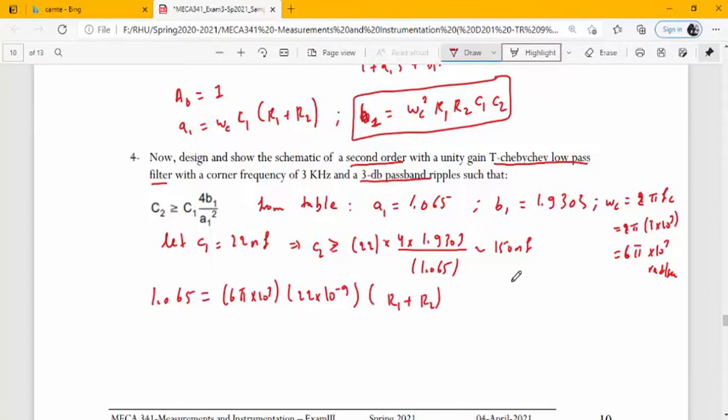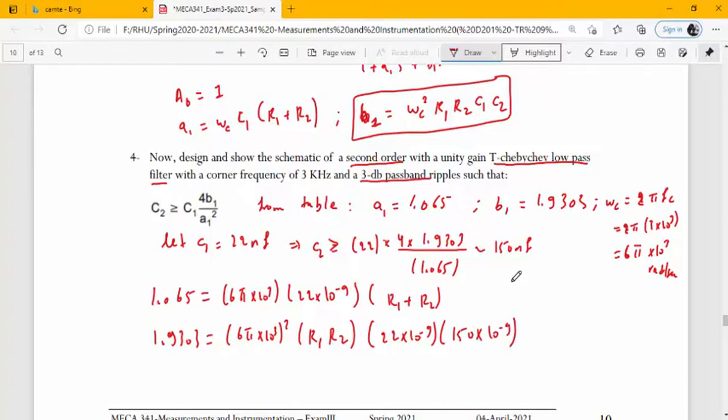In the second equation, we have 1.9303 equal to omega C squared, (6 pi times 10 to the power 3) squared, times R1, which is to be determined, times R2, times C1 C2, where C1 is 22 times 10 to the power minus 9 and C2 is 150 times 10 to the power minus 9.